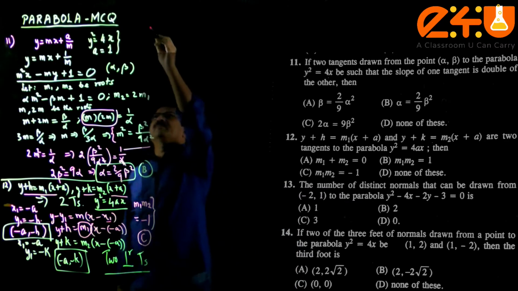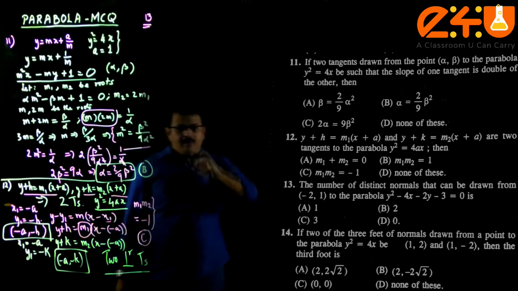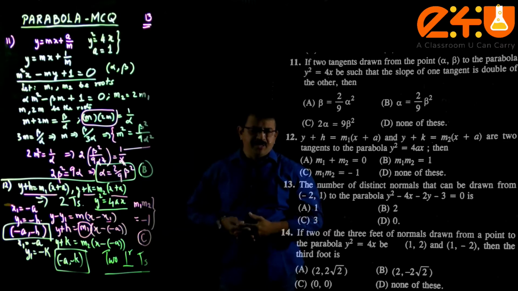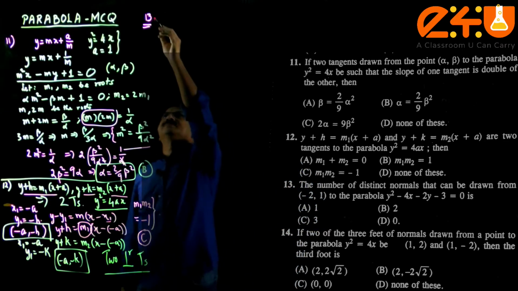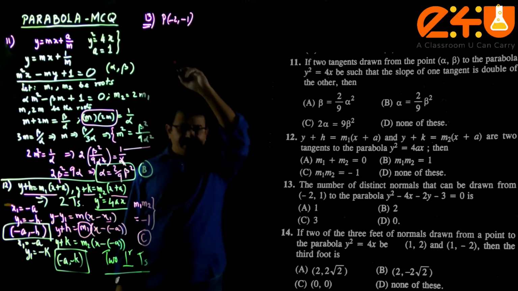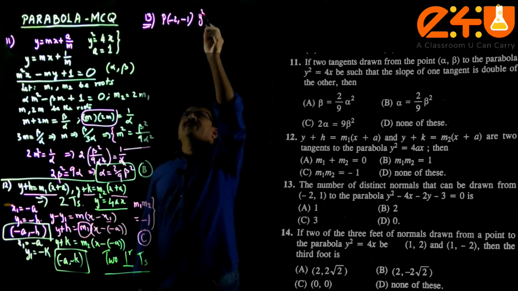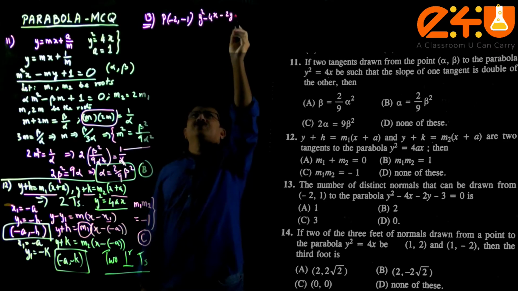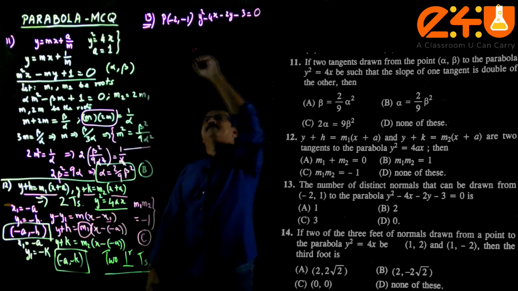Question number 13. Let's read the question. The number of distinct normals that you can draw from the point negative 2 comma negative 1 to the parabola y squared minus 4x minus 2y minus 3 equal to 0.